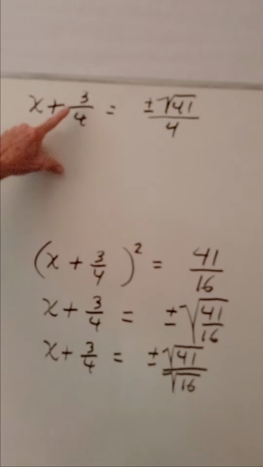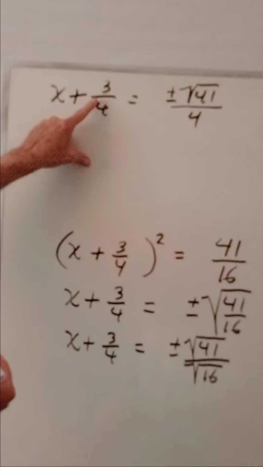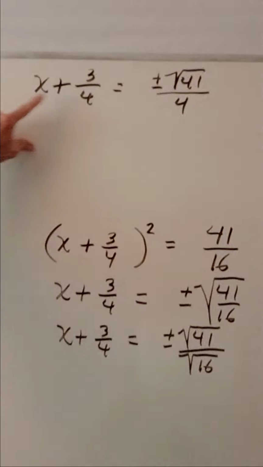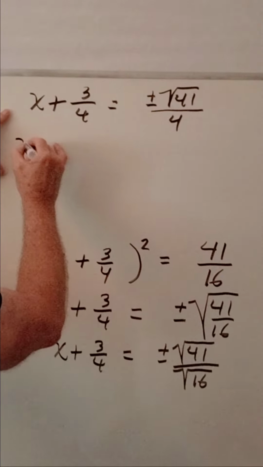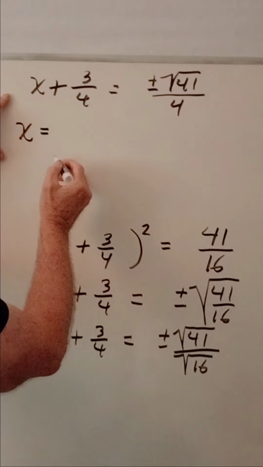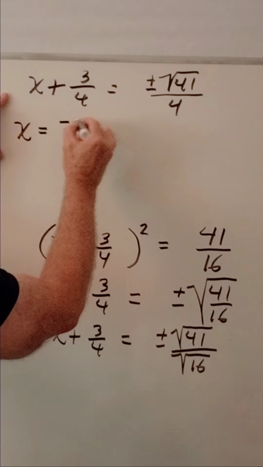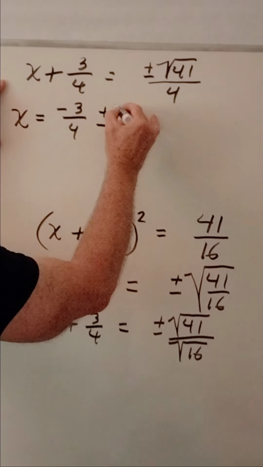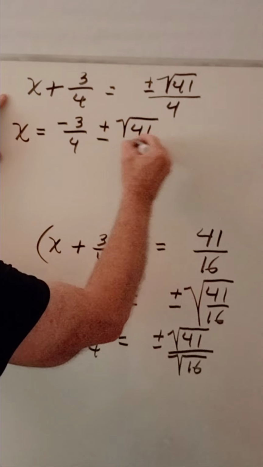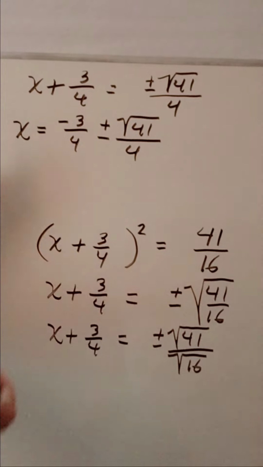And now we'll move the 3/4 from the left-hand side over to the right so we can find our two values of x. And we'll have x is equal to, change of sign, negative 3/4 plus or minus root 41 over 4.